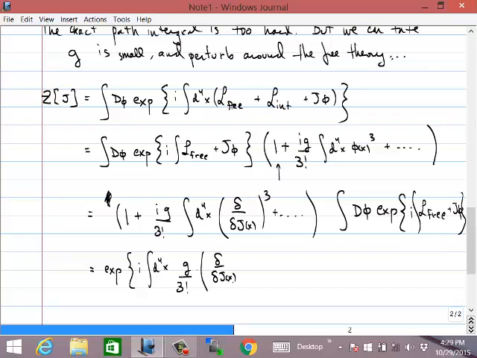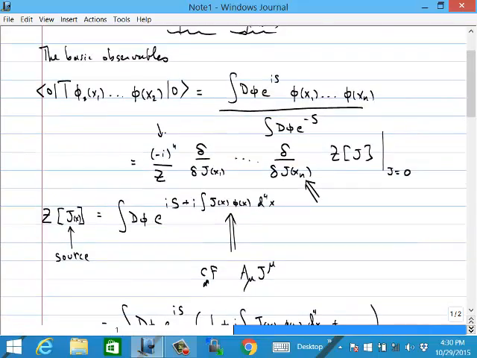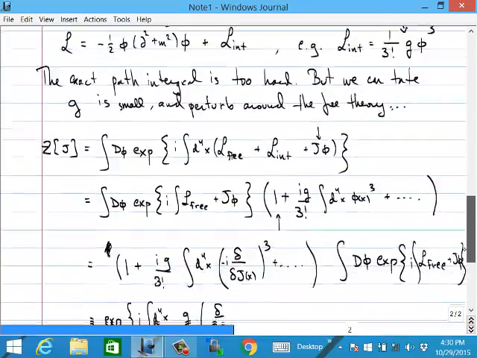Oh, and I'm sorry, I forgot there should be a factor of minus i here, right? Because j comes with an i, it's i j phi, so you need a 1 over i in order to bring down a field. That's just this factor of minus i right here. Good.